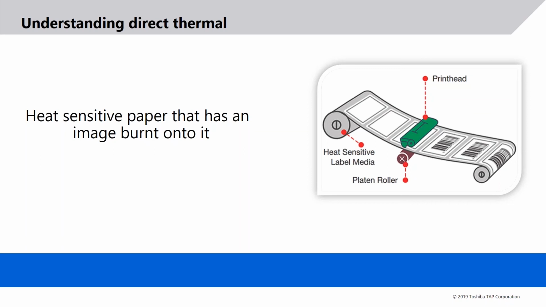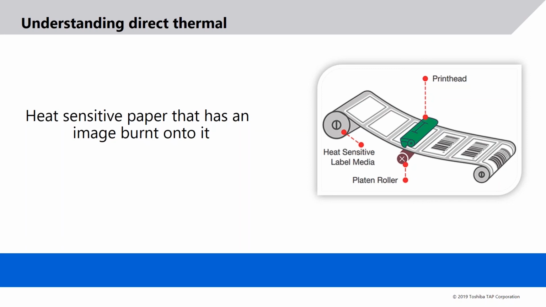It's actually generated because the stock is heat sensitive. So it actually has a chemical reaction to the heat that's generated from the print head to create that black print.